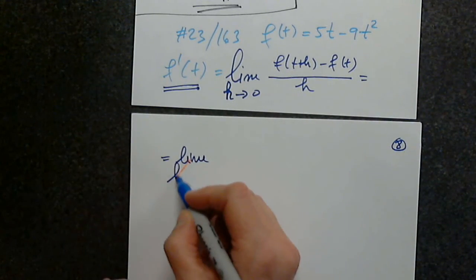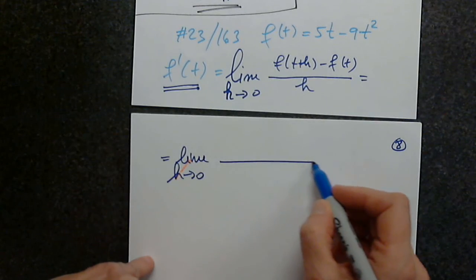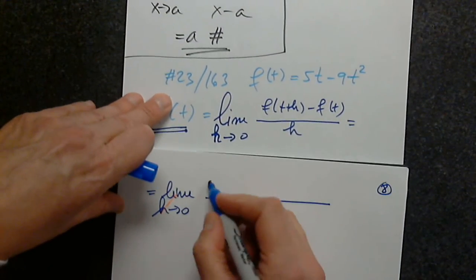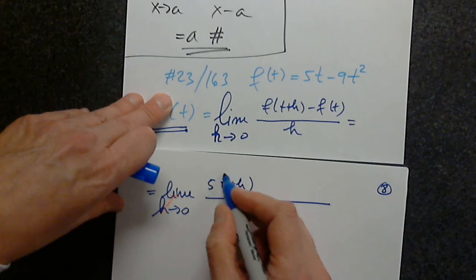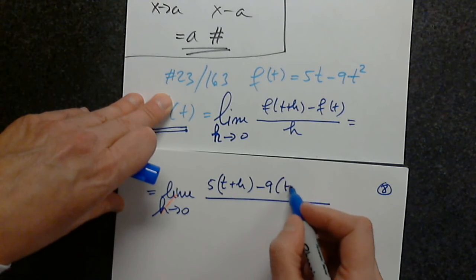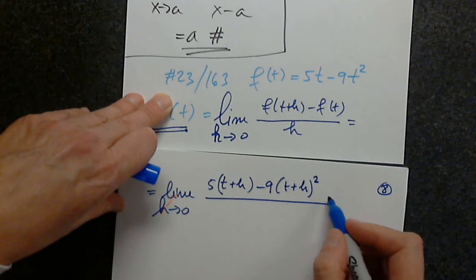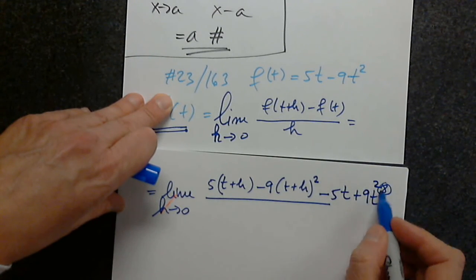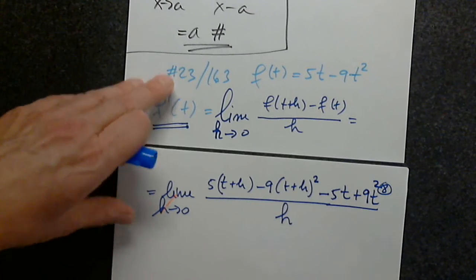Limit as h approaches 0. Yes, 5 times (t plus h) minus 9 times (t plus h) squared minus 5t plus 9t squared, and over h.